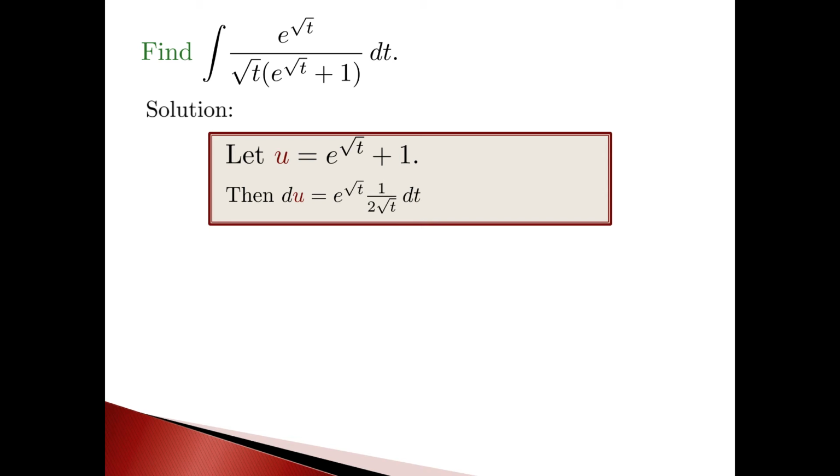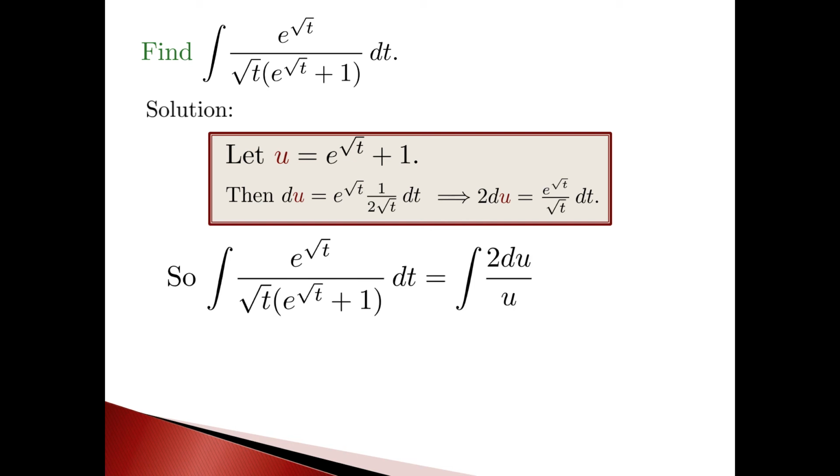Okay? So again, this is just one little step of algebra and taking the derivative. But the reason for doing that is I've got a square root of t in my original problem there in the denominator. So all I have to do is take that 2 that's in the denominator over to the other side, solve for e to the square root of t over square root of t dt. And that leaves me with 2 du.